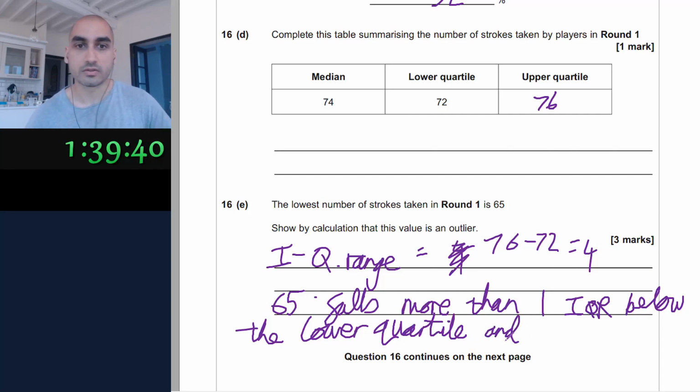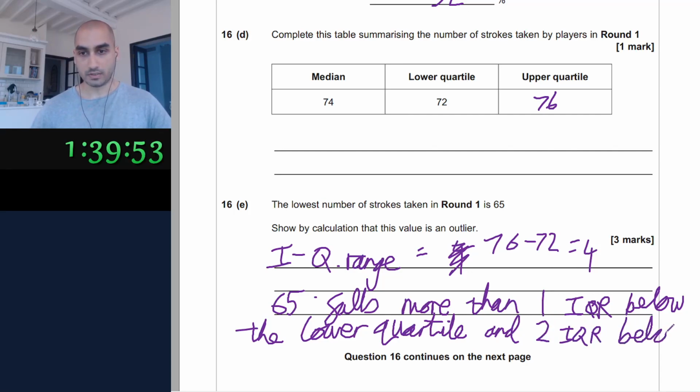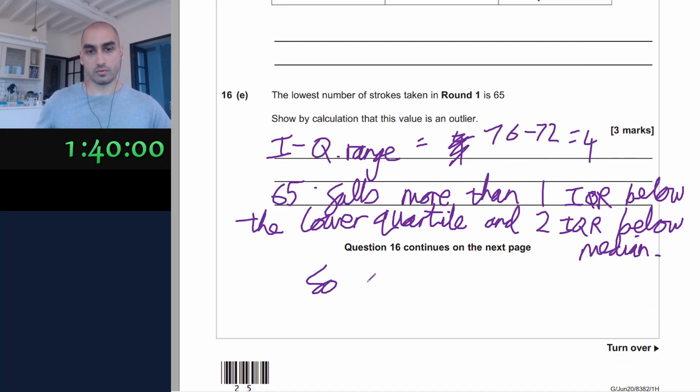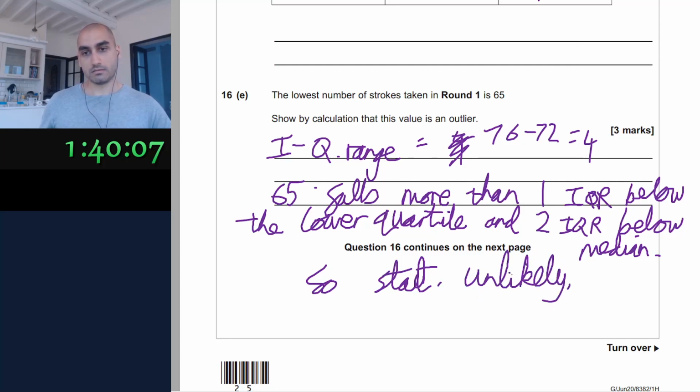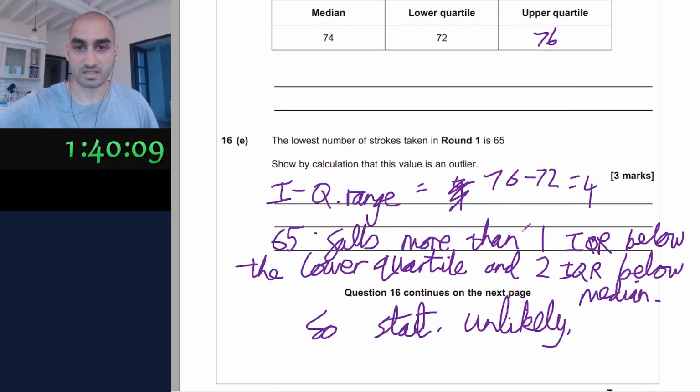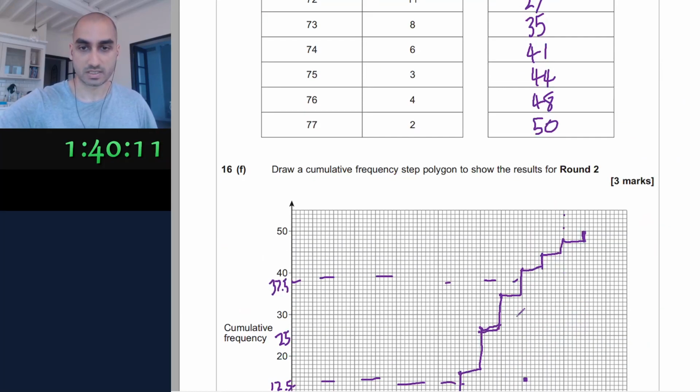And so below the median, it's two IQRs below median. So statistically unlikely. Whatever. That's better than talking about the percentile. That was meaningless, what I said before.